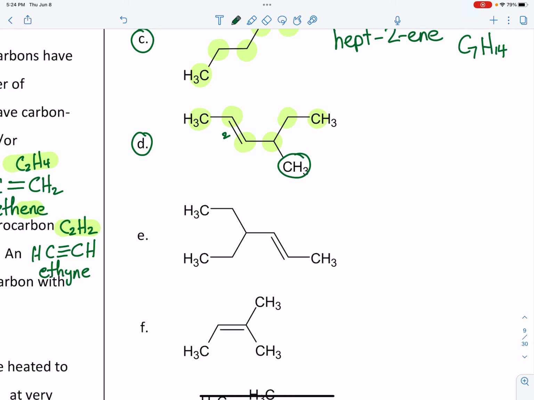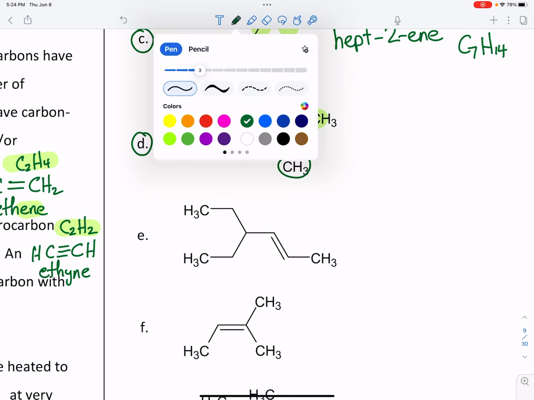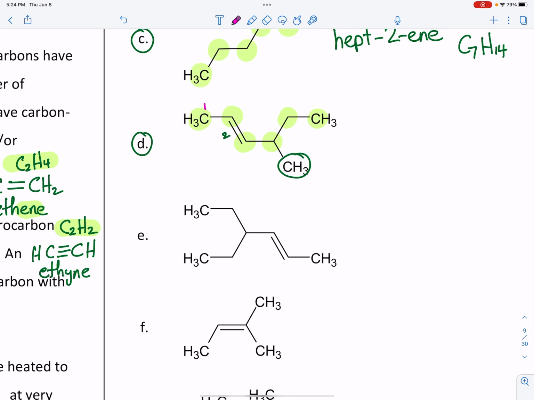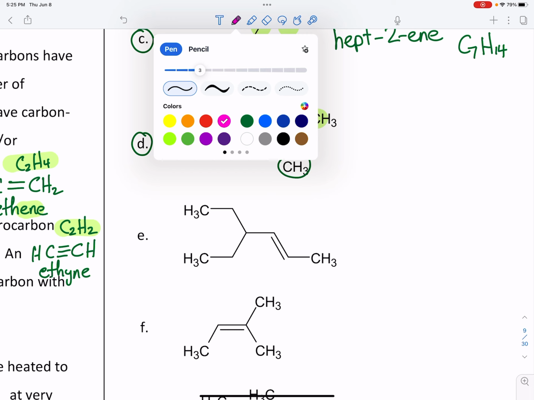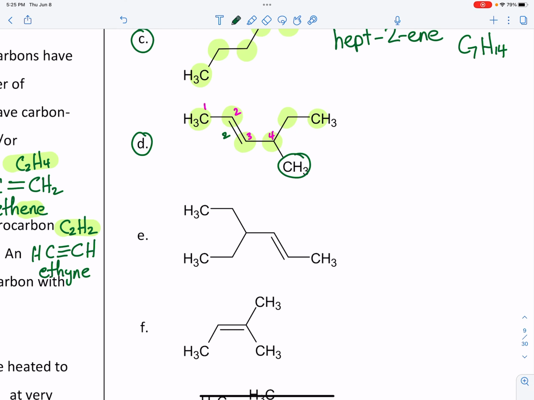Well, the double bond determined which end we should count from. We're counting from the left because it was closest to the double bond. If we count carbon atoms, let me use a different color for that. This is carbon 1, carbon 2, carbon 3, carbon 4. So the branch is on the 4th carbon in the molecule. So therefore, this name would be 4-methyl. That's a methyl branch. And then with 6 carbons, we'd say hex. And it was the second bond that was the double bond. So hex-2-ene.